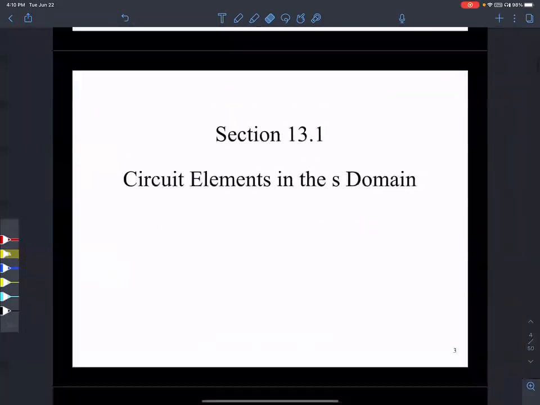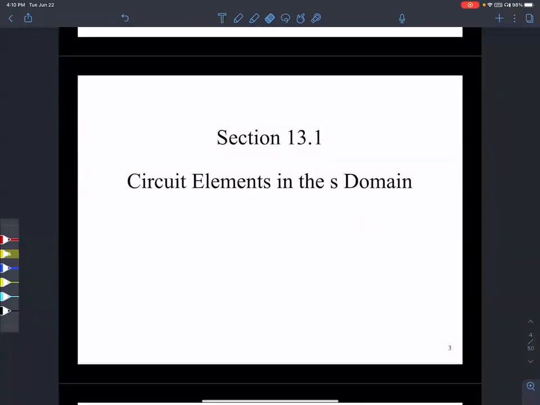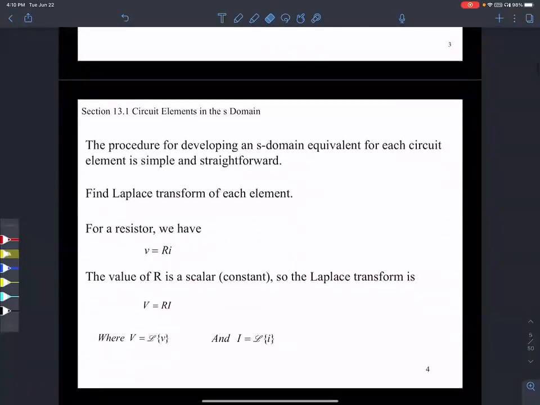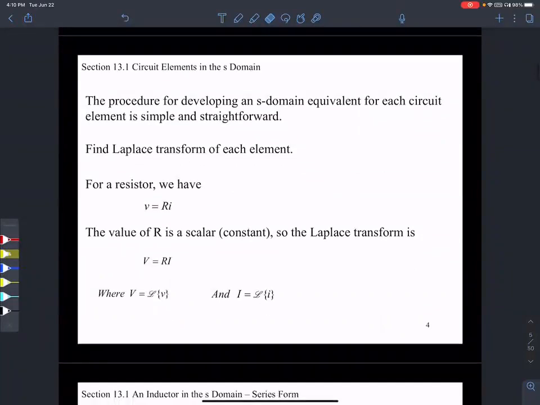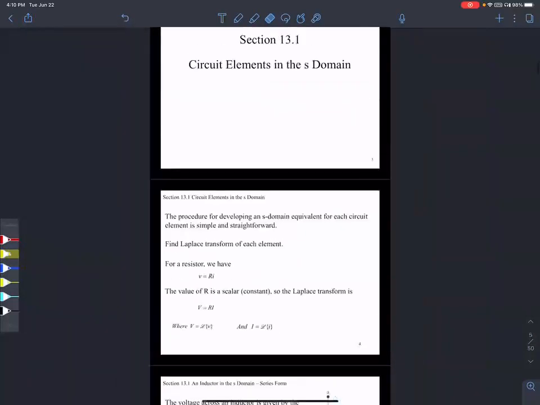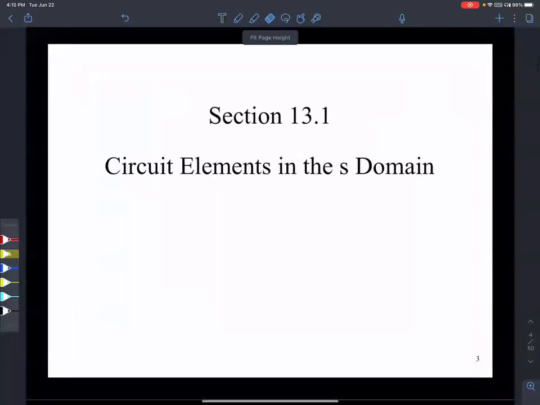So the big meat of chapter 13 is this idea of circuit elements in the S domain. There is the resistance, there is the capacitance, there is the inductance.